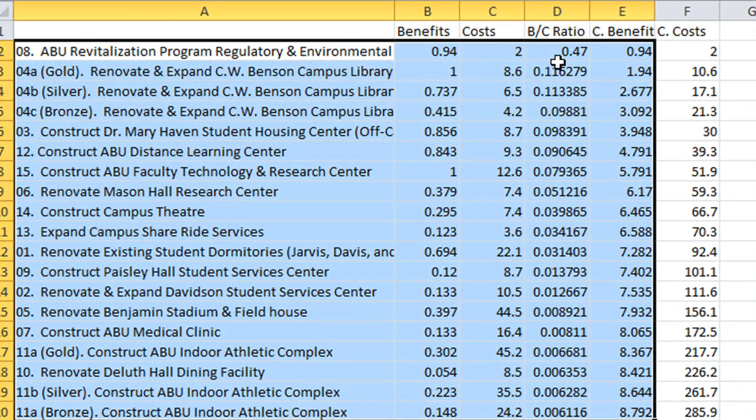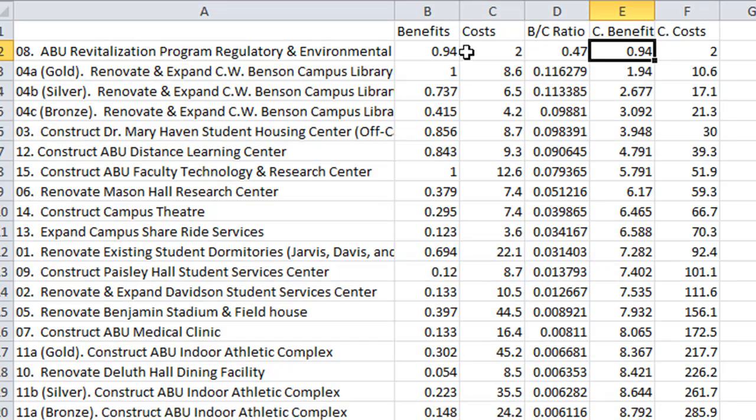So you can see that they're already sorted high to low on benefit cost ratio. And then put in formulas for the cumulative benefits and cumulative costs as we did in the prior spreadsheet. And now we can go down until we get to our $45 million, and we can go down to this line here. So now our cumulative benefit is 4.791 for a cost of $39.3 million.